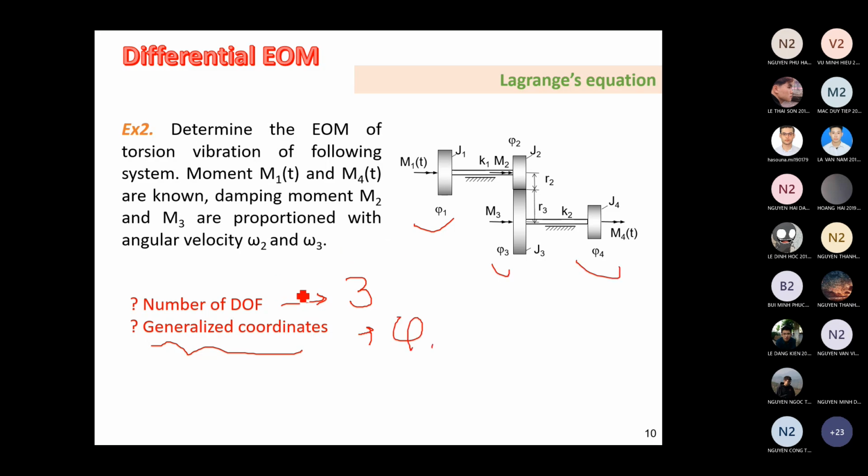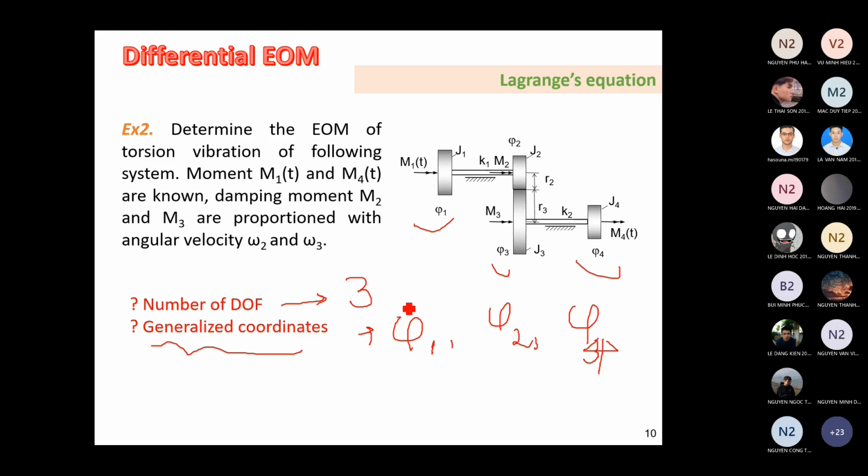Okay, we have the phi 1, phi 2, and phi 4. Yes, phi 4, sorry. The phi 3 can be calculated via phi 2. Okay, so you need only phi 1, phi 2, and phi 4 for this system. This is the generalized coordinates for this system.